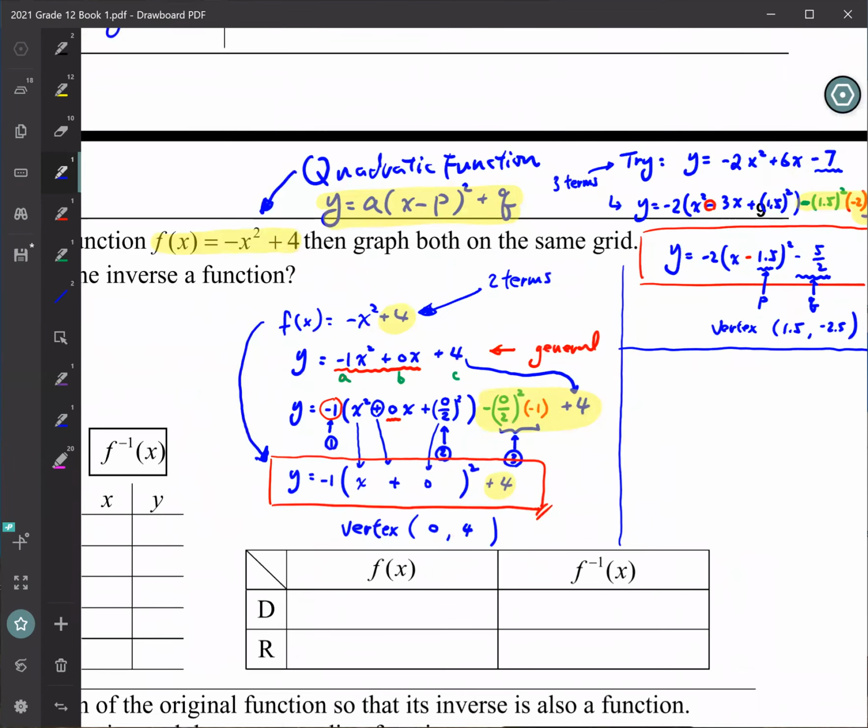I think later we have another chance to ask you about this. So just remember, 2 terms, you can get the vertex directly. You don't need to do 3 steps.